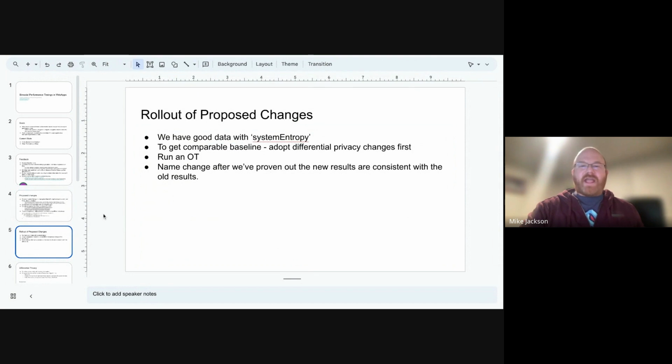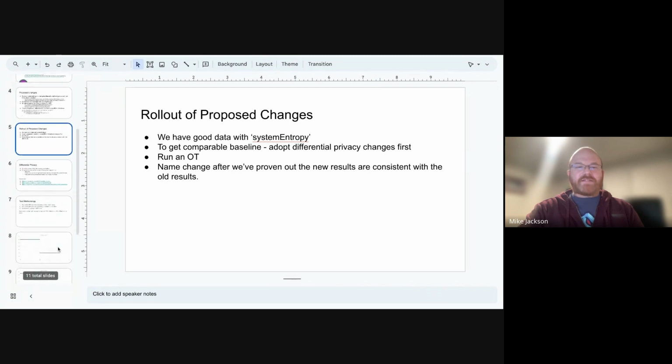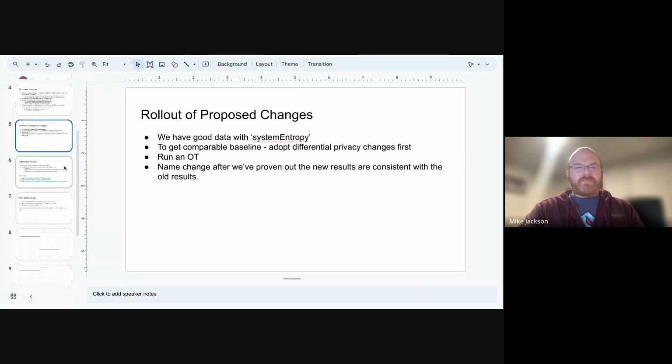Since we already have really good data with the system entropy as a baseline, our proposal is that we adopt the differential privacy changes first, run another origin trial, and see how that compares to the current signal that we have, and then look at changing the name after we've finalized that.